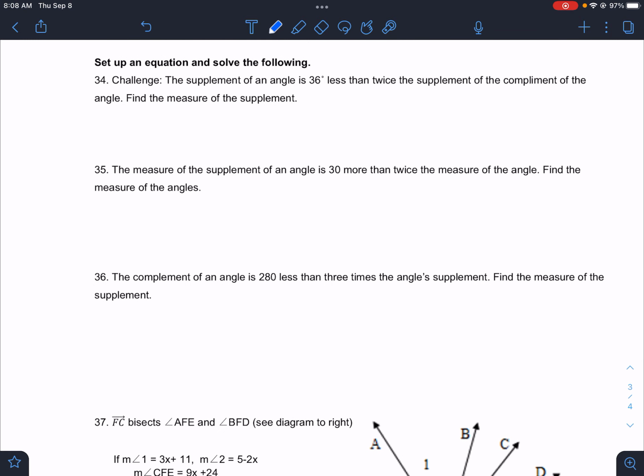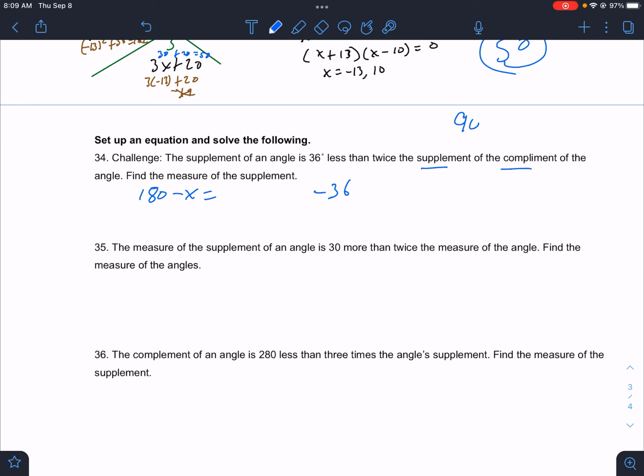Challenge question: the supplement of an angle, that's 180 minus x, we've talked about this a lot, is 36 less than twice the supplement of the complement. Let's go to the side here. The complement would be 90 minus x. The supplement of the complement would be 180 minus the complement. That would be 180 minus 90 plus x, which is 90 plus x.